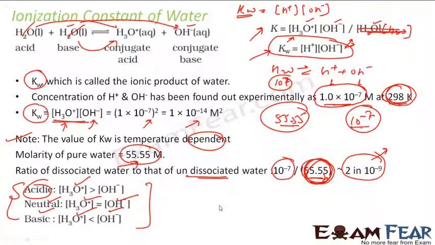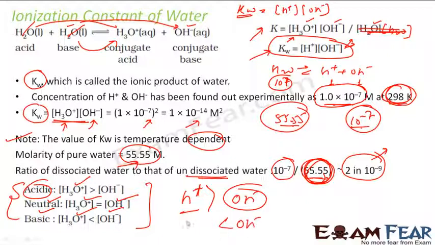When I say something is acidic, it doesn't mean it doesn't have OH minus ions. It may have both H plus and OH minus ions. The only thing is that the H plus ion concentration is more than OH minus ion, which means the system is acidic. If OH minus ion concentration is more than H plus ion, the system is basic. And if H plus ion concentration is equal to OH minus ion, we say it is neutral.